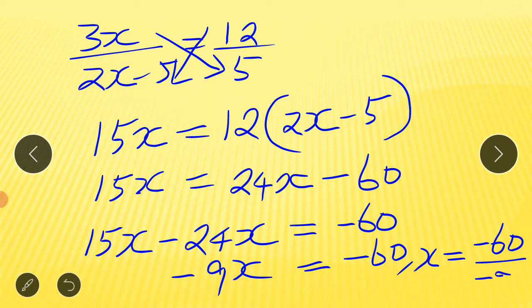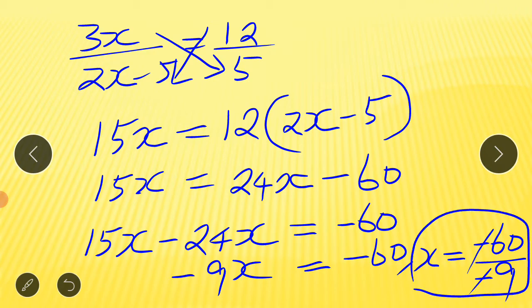Is it? Here between minus 9 and x there is an operation multiplication. By transposition it is becoming under division. So cancel the minus, so we will get the answer x equal to 60 by 9. x equal to 60 by 9.